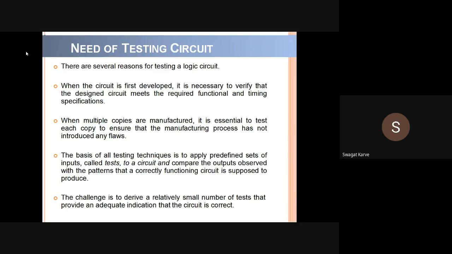Now next issue is the basic of all testing techniques is to apply predefined set of inputs called test to a circuit and compare the outputs observed with the patterns that a correctly functioning circuit is supposed to produce. बरोबर आहे. मग हे कसं कॅरीड आउट केलं जातं?